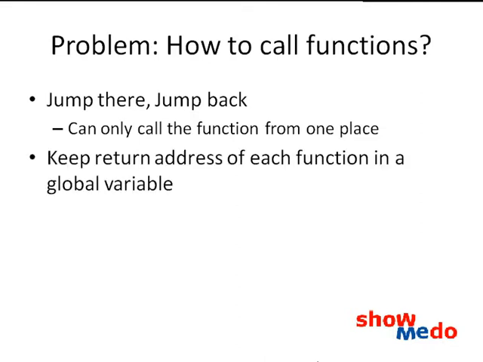Another possibility is to have a global variable that stores the return address for each function. This was actually used on some computer systems from the 70s and before. However, it doesn't support recursion or multi-threaded code, since then the function could be called more than once before returning, writing over the first return address.